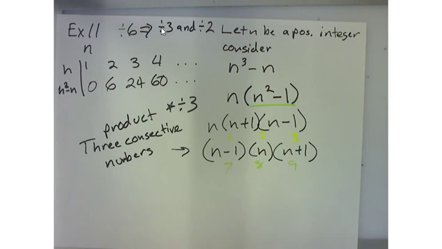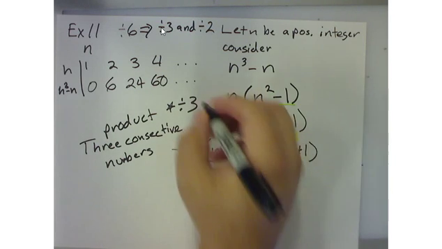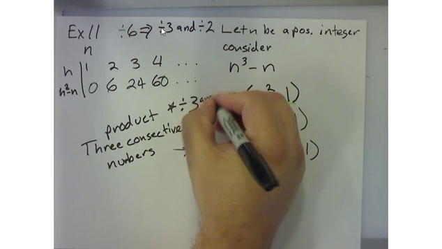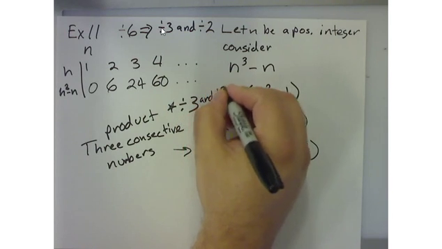Look at the next set. 7, 8, 9. 8's divisible by 2. Because the multiples of 2 are counting by 2, so if I have three numbers in a row that are a product of three consecutive numbers, one of those numbers has to be divisible by 2. So not only is this divisible by 3, but it's also divisible by 2.